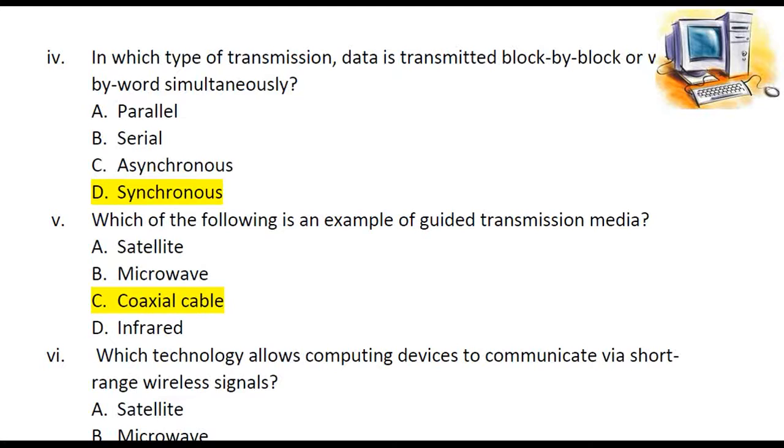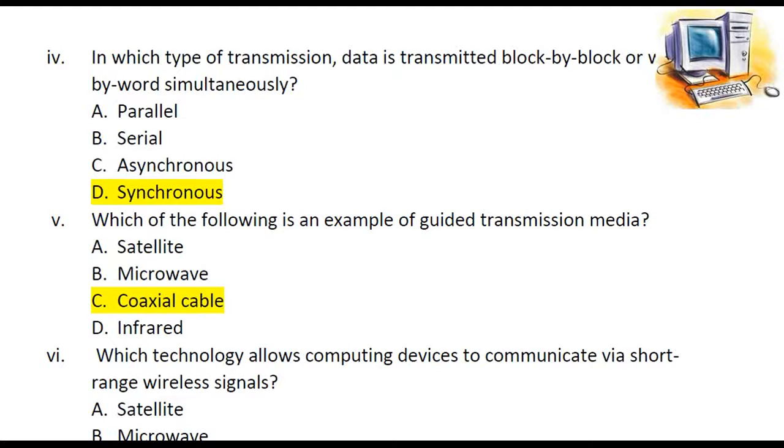Fifth MCQ says: which of the following is an example of guided transmission media? Of course satellite is a wireless technology, microwave is also a wireless technology, and infrared, which is option D, is also a wireless technology. So the only guided media or wired transmission media we have in these 4 options is option C, that is coaxial cable.